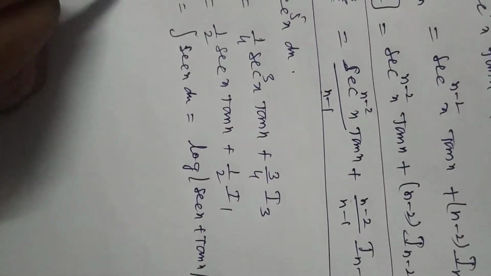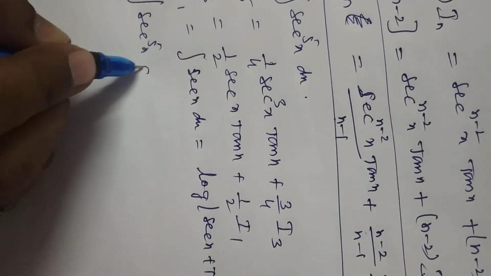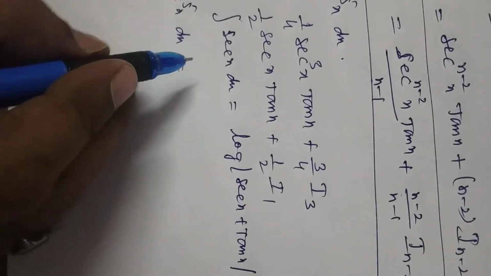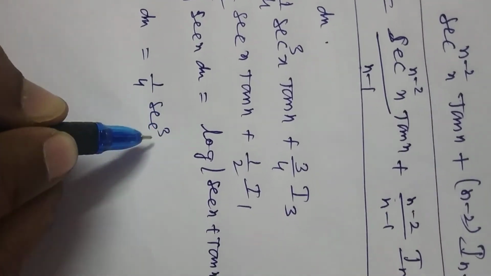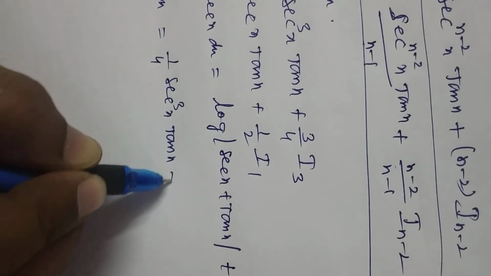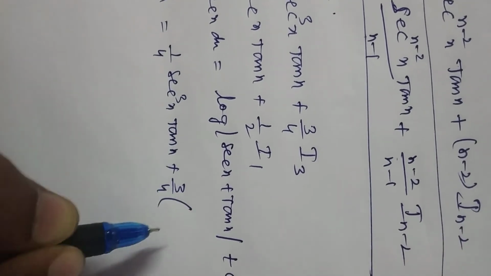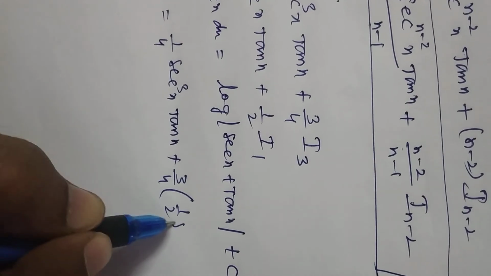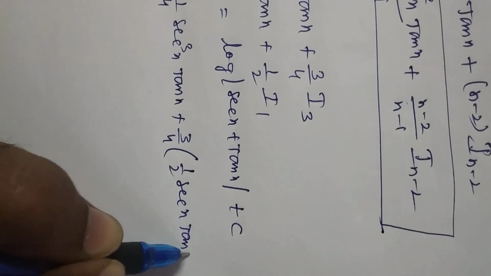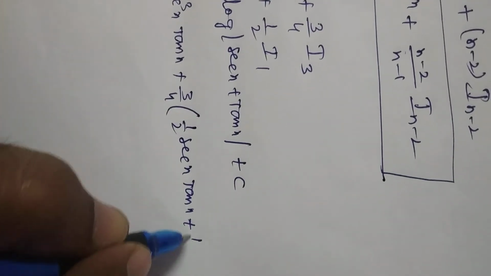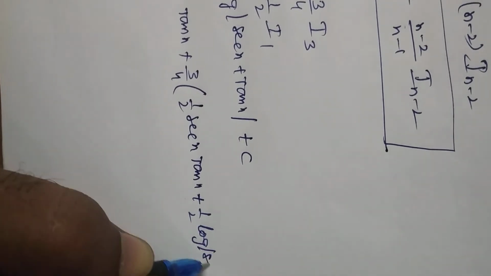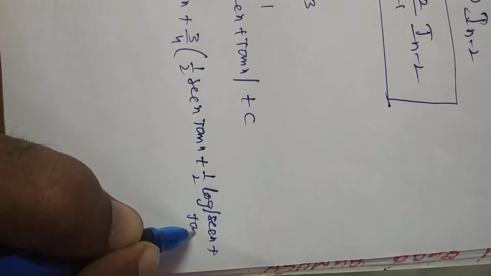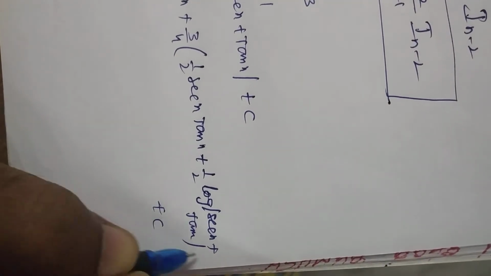So therefore, at last, integration of secant power 5 of x dx is equal to, first initially what we got, 1/4 of secant cube x into tan x plus 3 by 4 of I3. I3 is what? Half of secant x into tan x plus half of I1. I1 is equal to log of secant x plus tan x plus c.